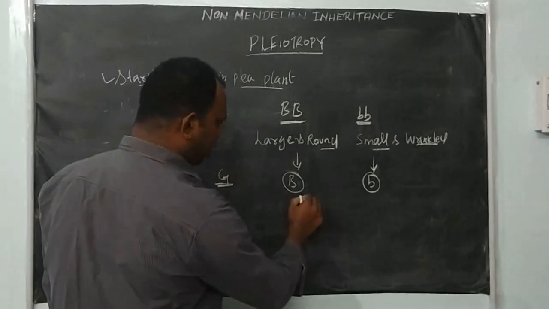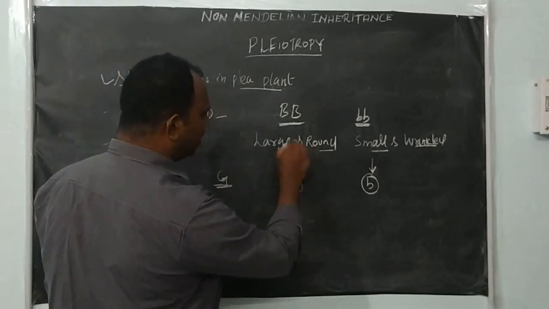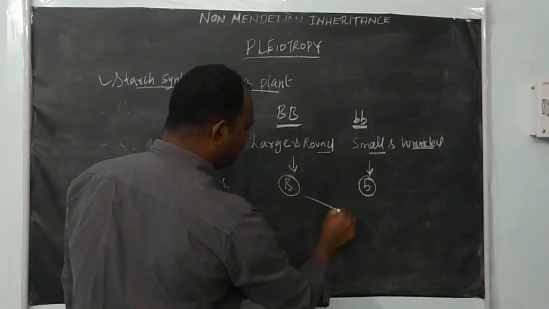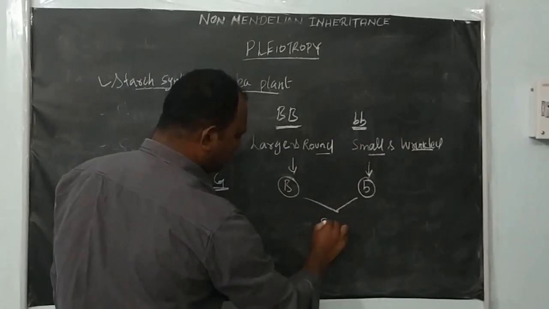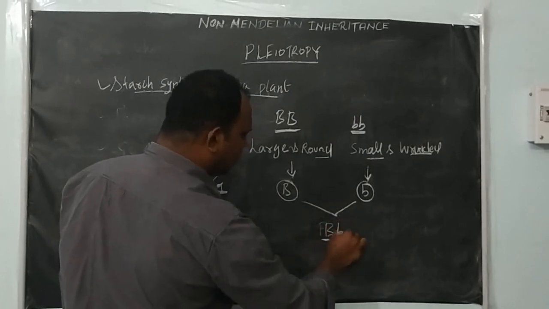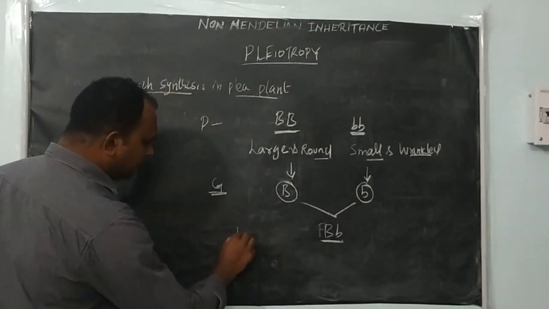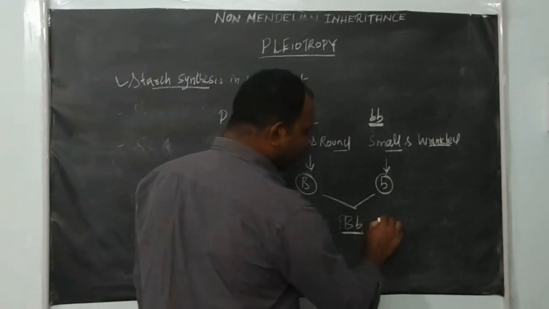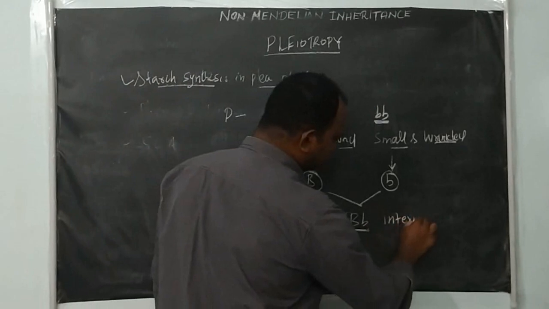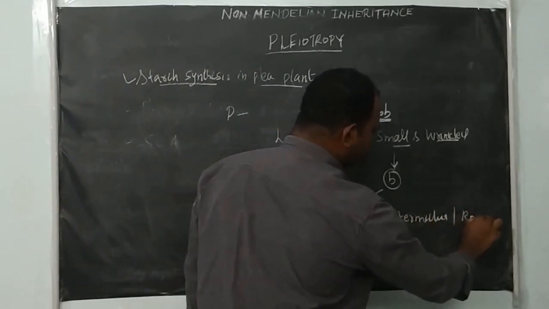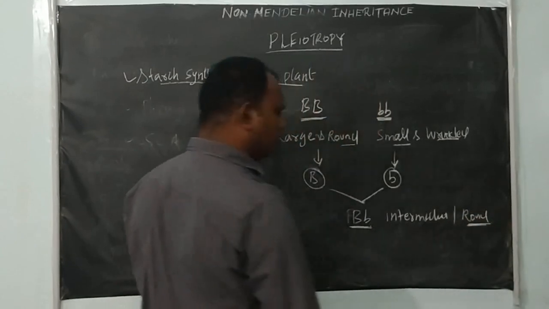When we make a cross between this large and round seed of pea with this small and wrinkled seed, we will get the F1 progeny, the heterozygous progeny. So the heterozygous condition. But how do these particular seeds look now? They look intermediate and also round.